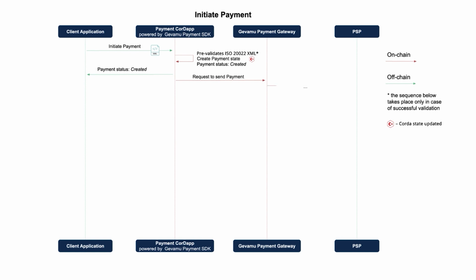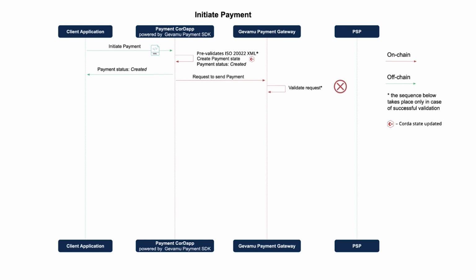The Gevamu Payment Gateway validates the payment instruction. The Payment Gateway checks if the participant is authorized to submit this payment request. It validates the payment instruction from the following aspects: node identity, checking whether a payment request is received from the node that initially registered the participant initiating the request; and participant ID, checking whether the participant is registered with the payment network and if participant ID is registered to the participant's node.